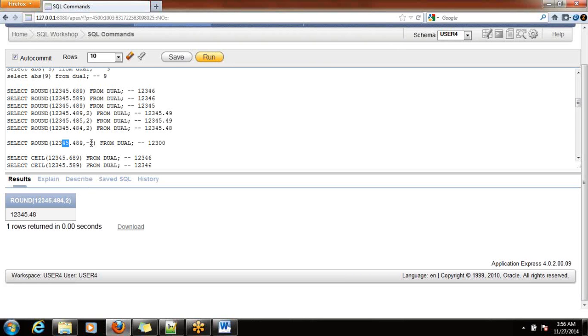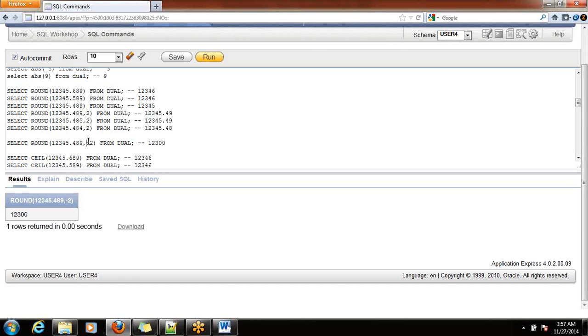When you specify the second argument as a negative value, then to the left side of the decimal point it adds that number of zeros. That is why it is giving 12300. It ignores the decimal value and puts two zeros because I am supplying -2.